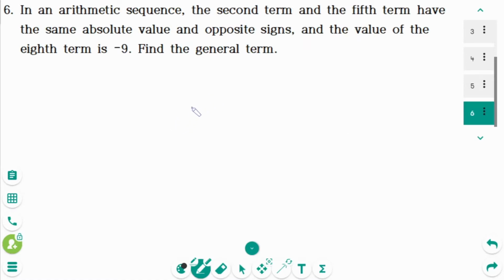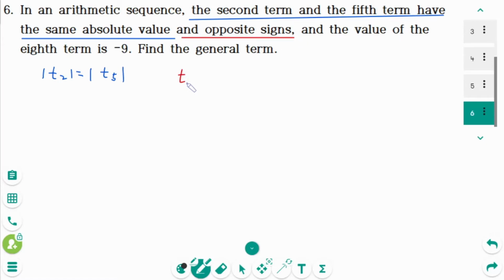Number 6. The second term and the fifth term have the same absolute value. That means the absolute value of T2 equals the absolute value of T5. And with opposite signs, that means T2 equals minus T5 or minus T2 equals T5.